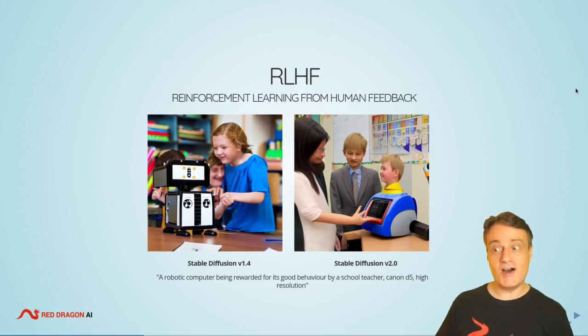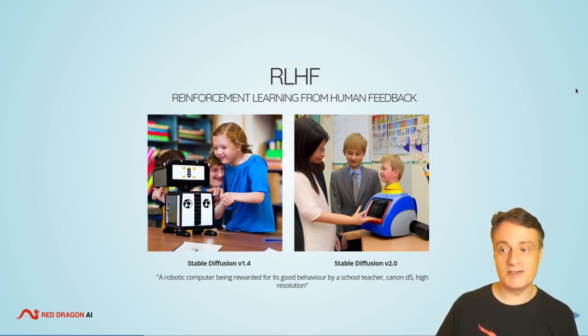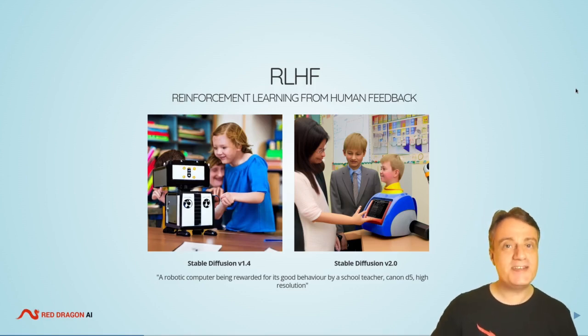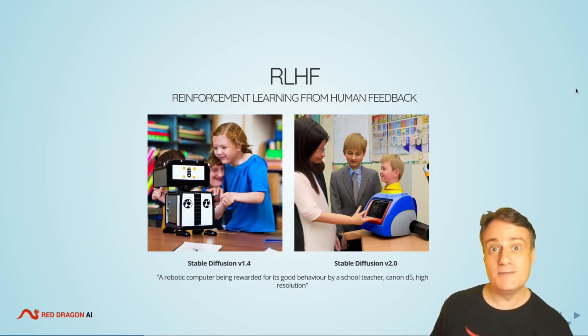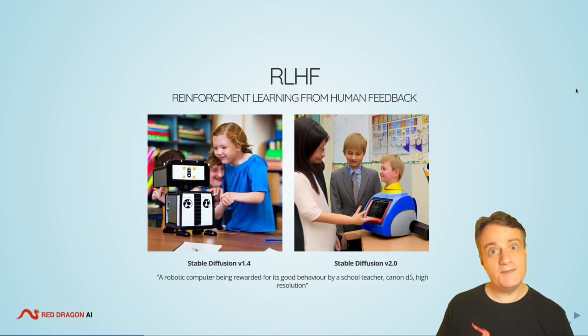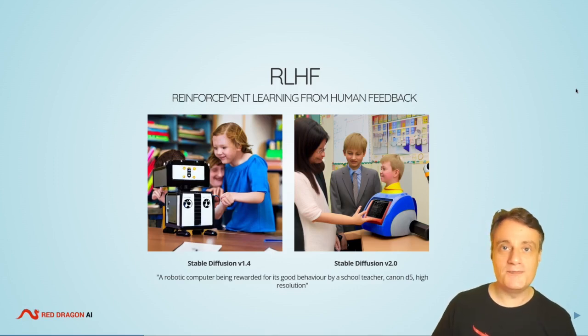So the basics of RLHF is we want the computer to learn what would be suitable for humans to interact with. What I've done with these slides is that these two pictures are demonstrated by Stable Diffusion, where Stable Diffusion 2, on the right hand side, is a much more recent model than Stable Diffusion 1.4, which came out in August, I guess, when this came out in late November.